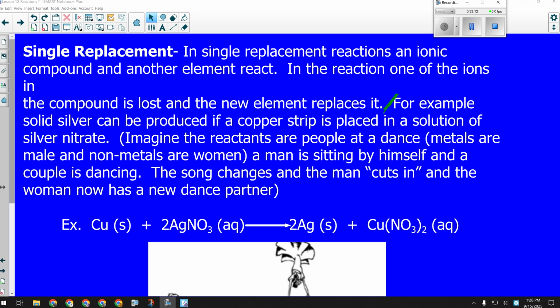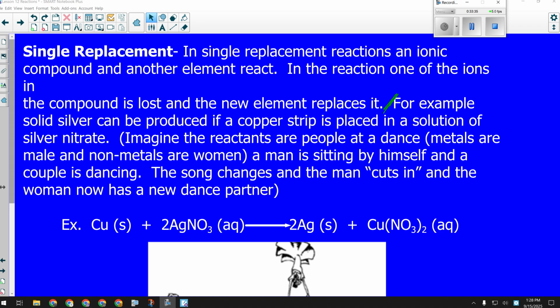All that's going to happen is that element by itself is going to replace part of the ionic compound. So that means part of the ionic compound will end up by itself. The big thing with replacement reactions is you always have to produce an ionic compound. It starts with at least one, and you have to have at least one as a product.